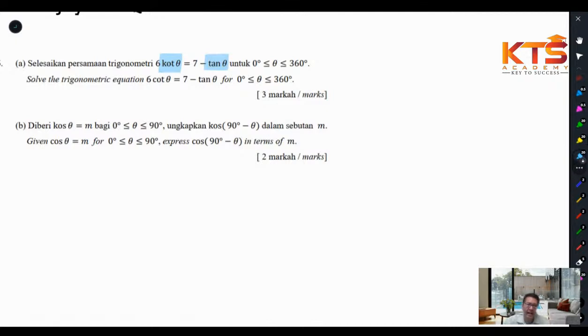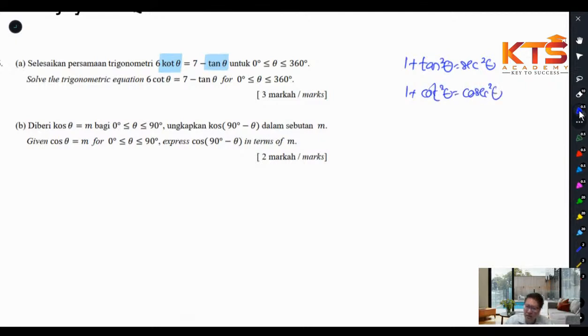So should I use this formula? I might be thinking 1 plus tangent squared is secant squared, 1 plus cotangent squared is cosecant squared.